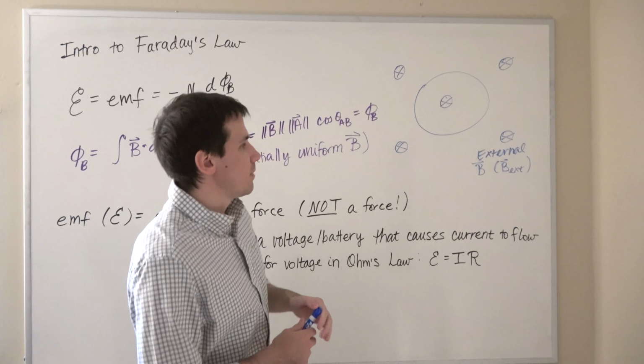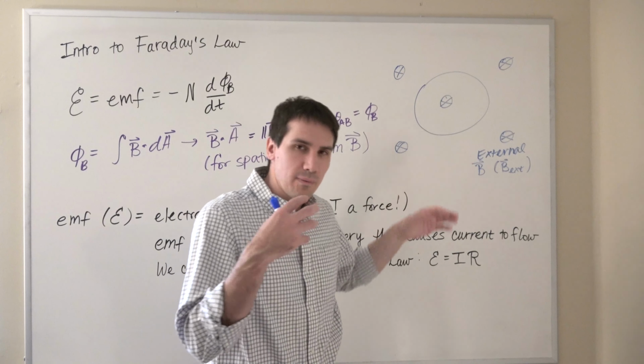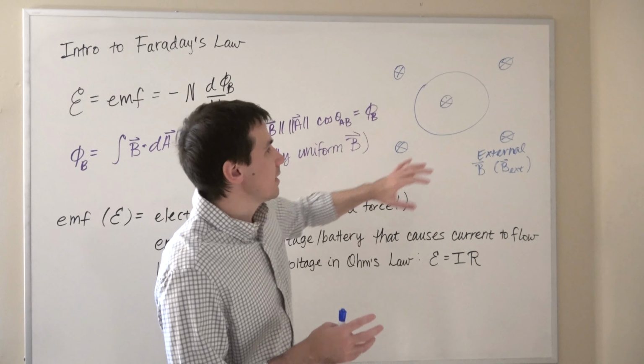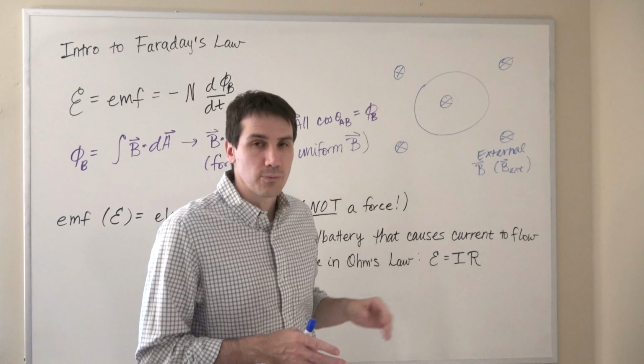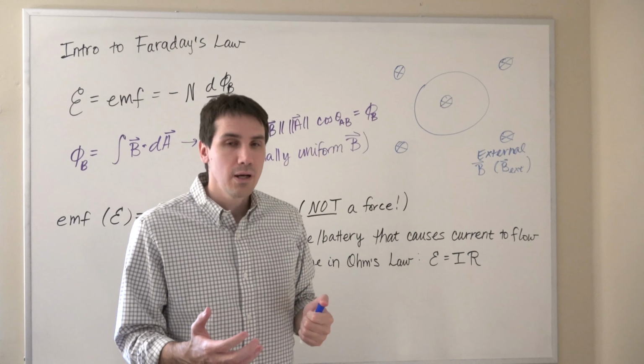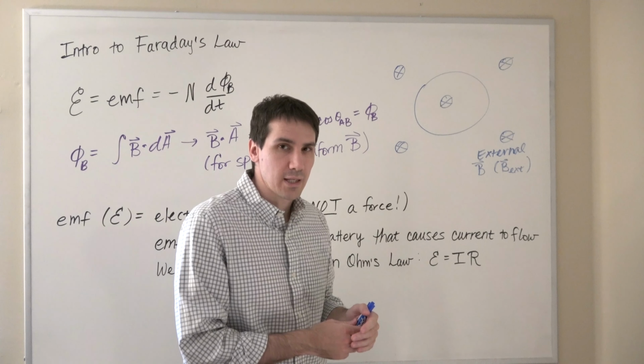Another note that we should make is that we are being very specific about the magnetic field being an external magnetic field, not a magnetic field generated by this loop. So in this video, we're going to be very careful about the two types of magnetic fields that we're interested in.